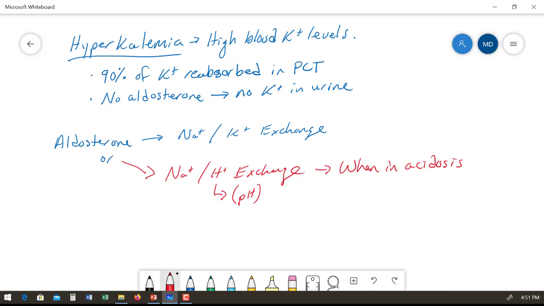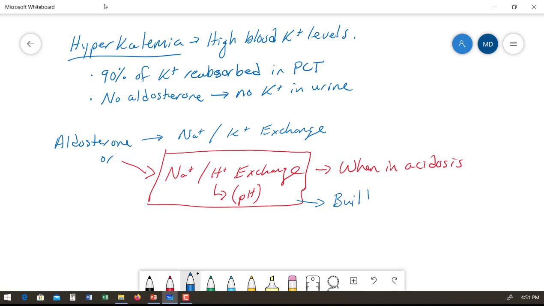Now, this can actually lead to another problem, which is that if you have acidosis, and so aldosterone is taking this alternative pathway here, right, and doing this exchange rather than the exchange it's supposed to be doing, this can actually lead to a buildup of potassium in the blood because it's not being exchanged out like it's supposed to be being exchanged out into the urine.